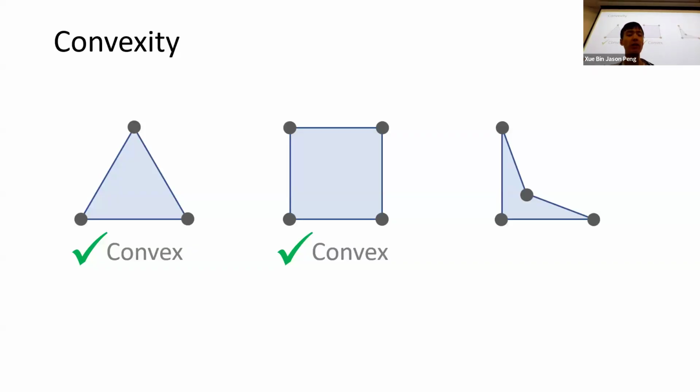So for example, I can pick this point here, and this other point on the opposite corner of the cube. We can draw a line that connects these two points, and a segment of this line is now outside of the quadrilateral. So in this case, this particular arrangement of vertices leads us to a non-convex quadrilateral.